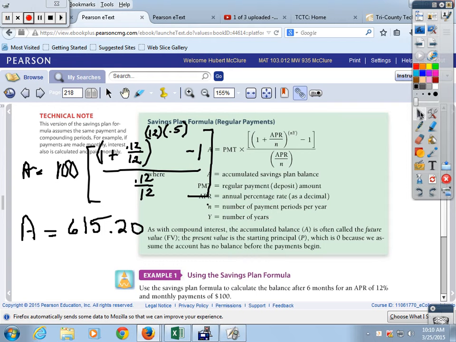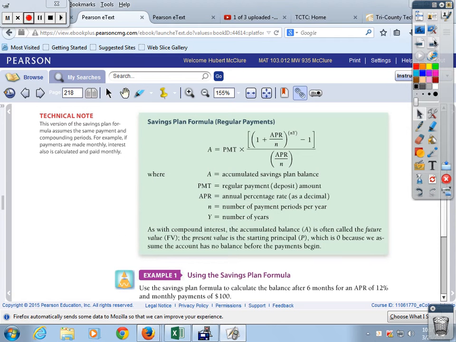Let's say that your child is 6 years old. So that leaves us with T is equal to 12. Let's say that the percentage rate is 3%. Of course, that'll give you a little bit more.